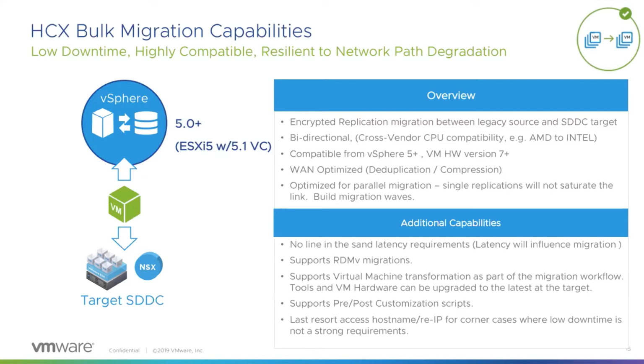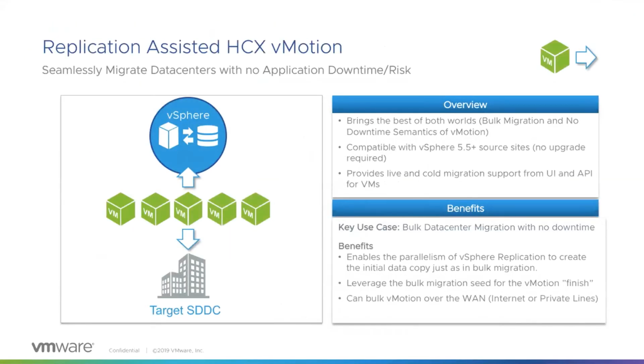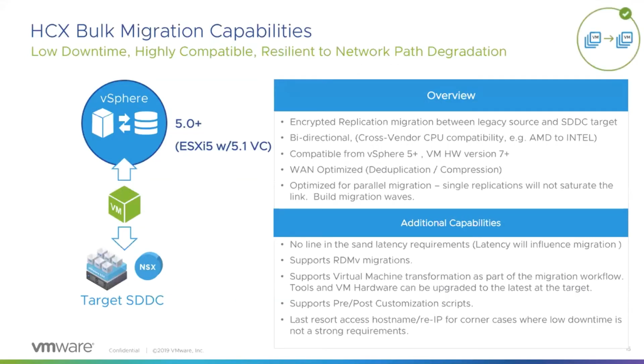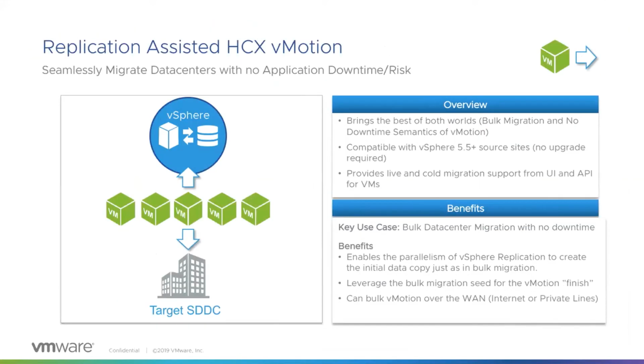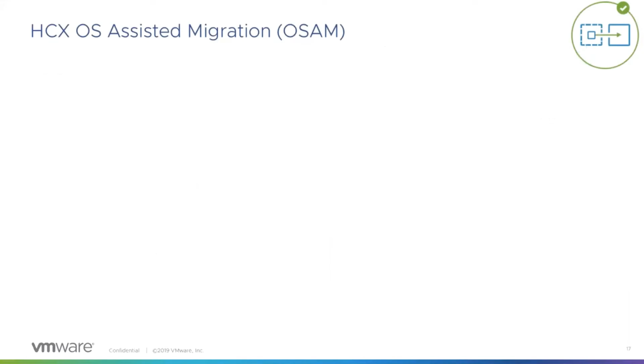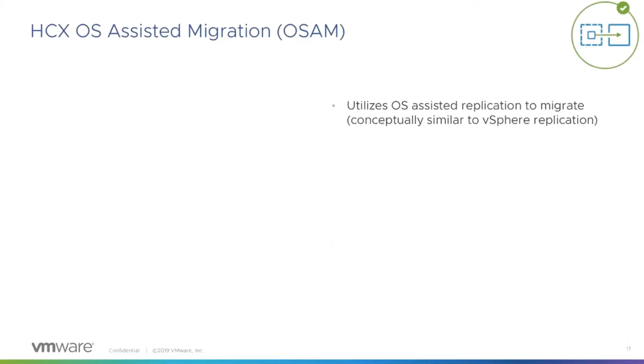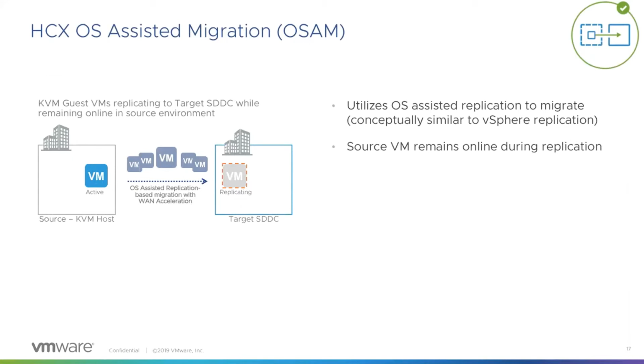So do bear in mind those capabilities, especially when we are talking about vMotion. When we are doing bulk migration, yes, because the VM restarts, we can migrate from Intel to AMD or AMD to Intel. Right, so I'm going to jump over these slides because I would want to spend more time on the demo that we should look at.